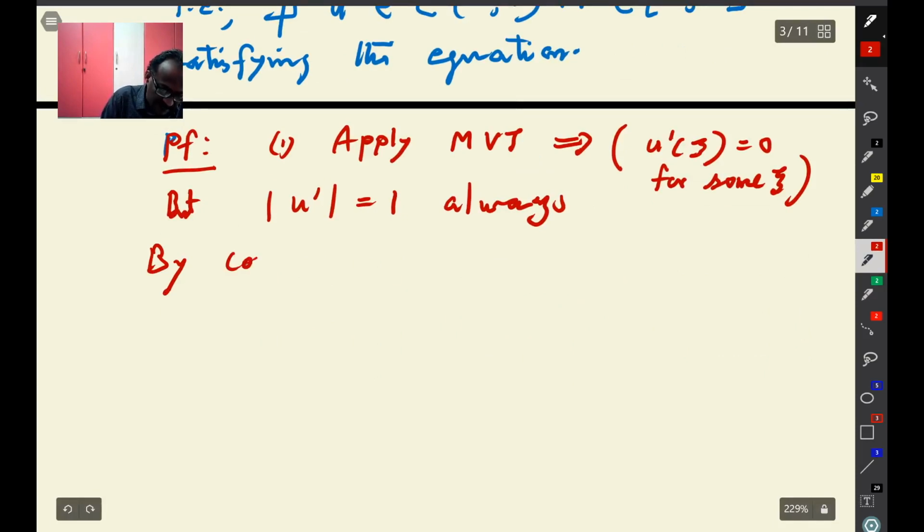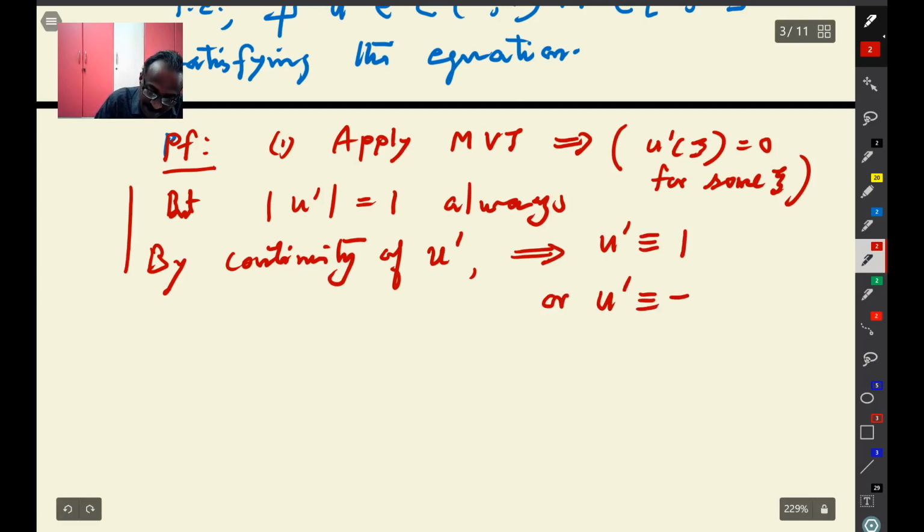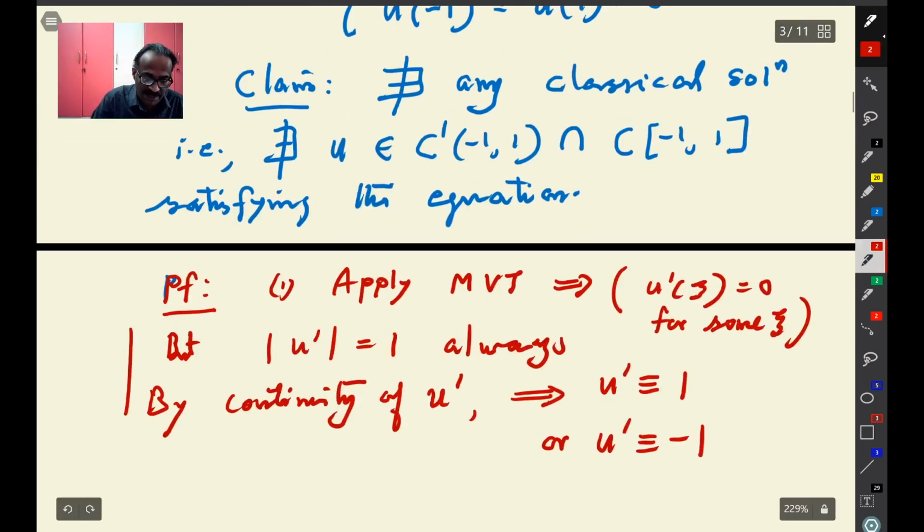Another way is to use continuity: since u is a C1 function, u prime is continuous, and so u prime is either identically 1 or identically minus 1. So you can't get a solution.